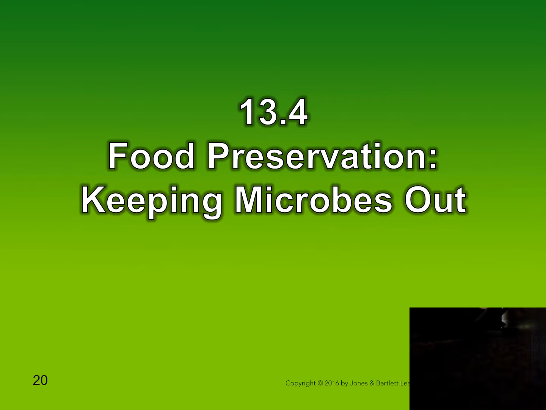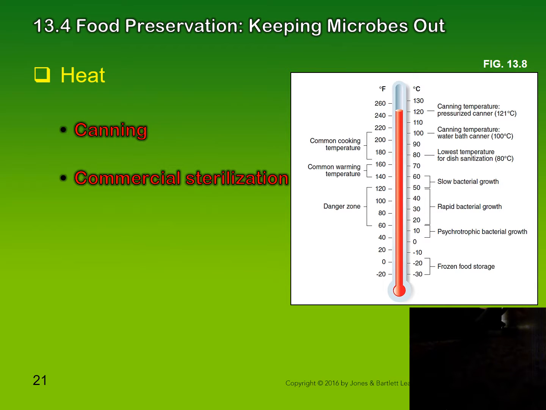Okay. How do we keep our food preserved? How do we keep the microbes from actually getting into our food? We can use heat, so you can do canning, and in canning, you're definitely heat sealing the can, and the product has to be able to be boiled to go into the can.